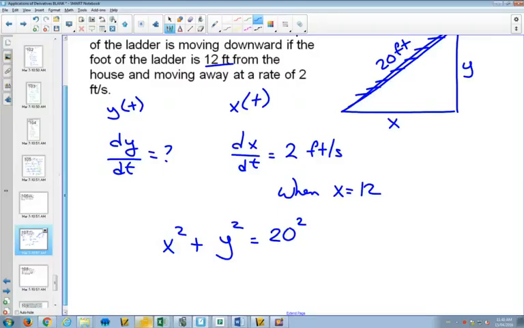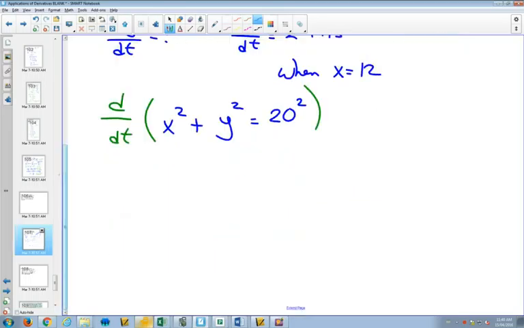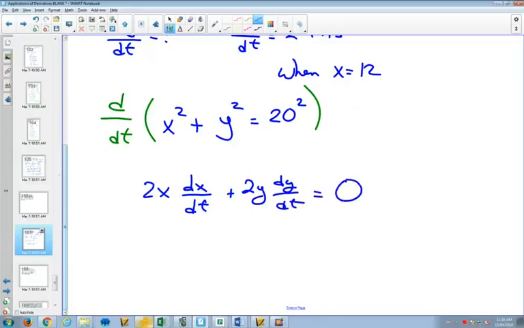So we get x squared plus y squared equals 20 squared. And if we take the derivative of this whole equation with respect to time, what do we get? 2x dx/dt plus 2y dy/dt, and the derivative of 400 will be 0.